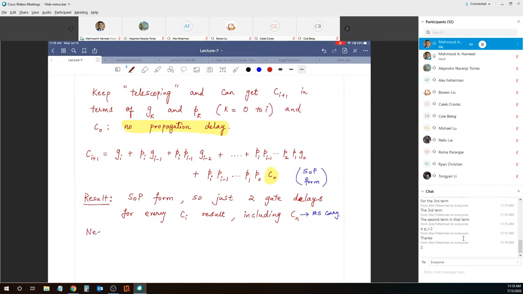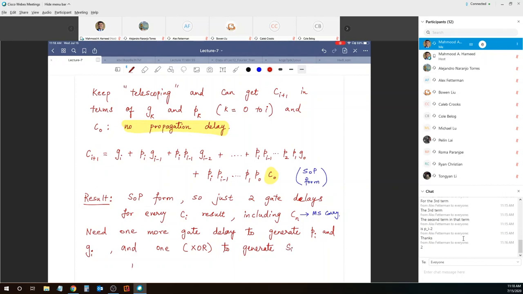We need one more gate delay to generate P sub i and G sub i, and one exclusive OR gate to generate S sub i.